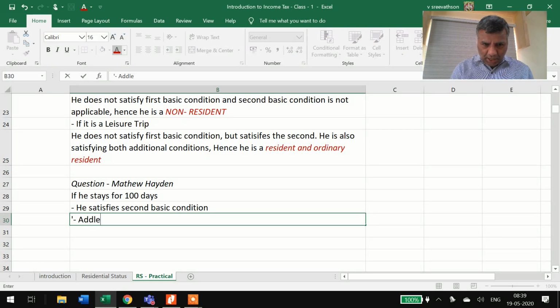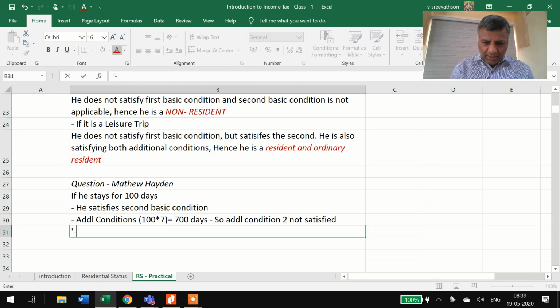When it comes to additional condition, my dear friends, 100 days into 7 years makes it just 700 days. We want it as 730 days or more. So additional condition 2 not satisfied. Okay, the conclusion is hence he is a resident and not ordinary resident, RNOR.